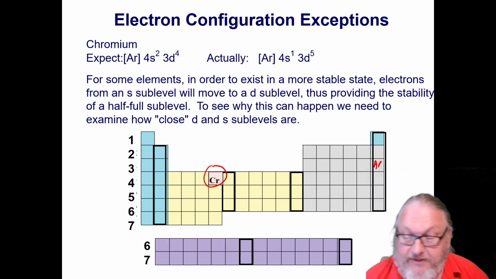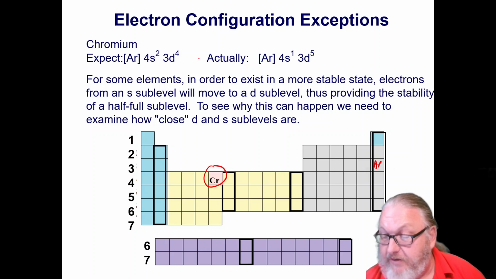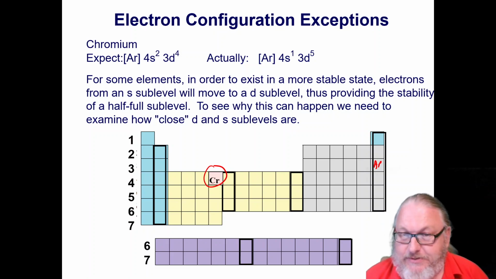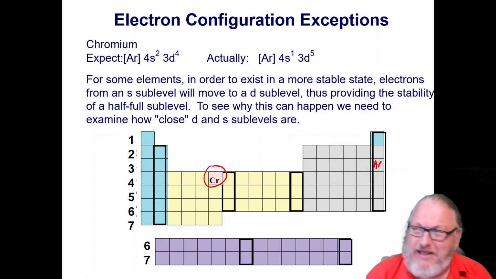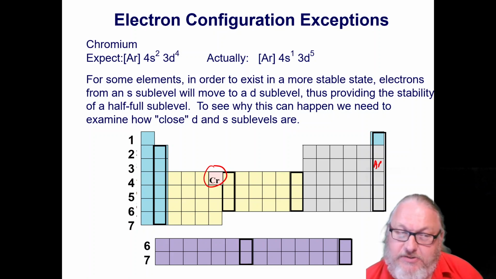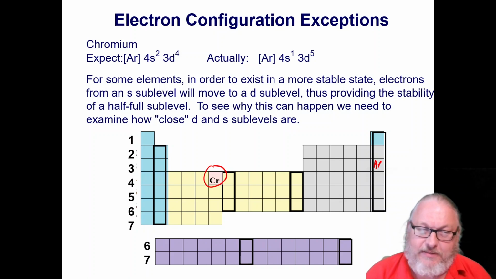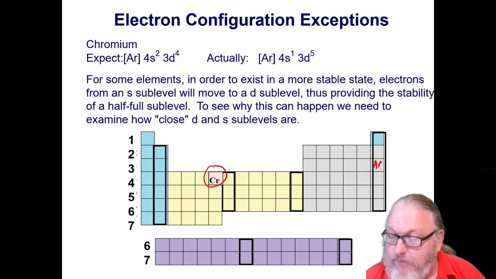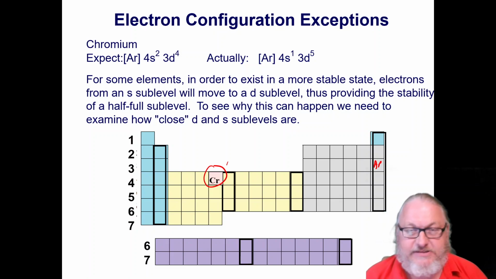What we find is it's not 4s2, 3d4, it's 4s1, 3d5. So what happens is it actually costs less energy to take one electron from the s orbital and put it with the d orbital to make it more filled. So there'll be one there, then five there. So you filled up that sublevel, all right? That gives it more stability.